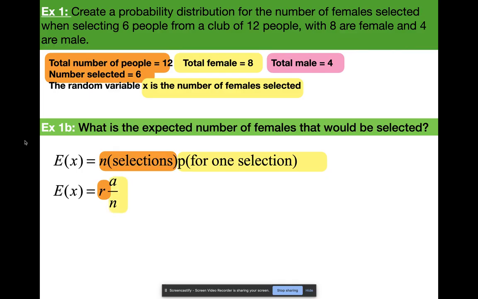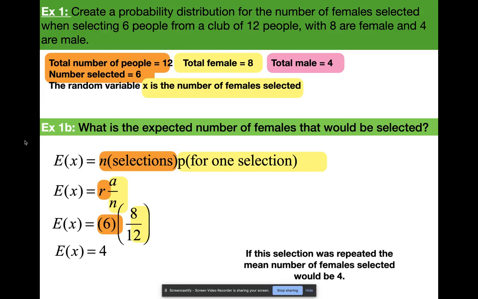A is the number of female selections you can possibly get, or number of females that exist, over top of the number of total people that exist, okay? So then you end up getting 6 times 8 over 12. Again, 6 is the total number of people selected, 8 is the total number of females out of 12, the total number of people, which equals 4.